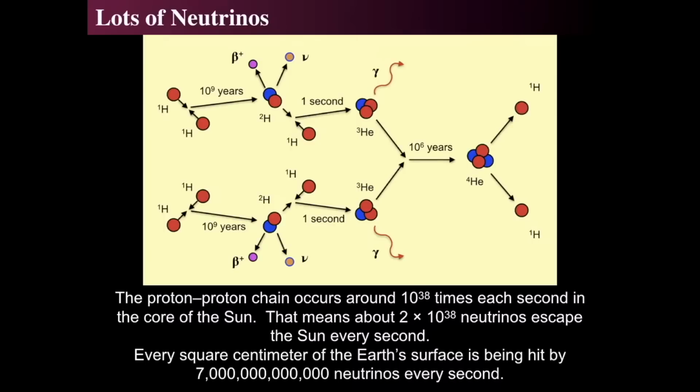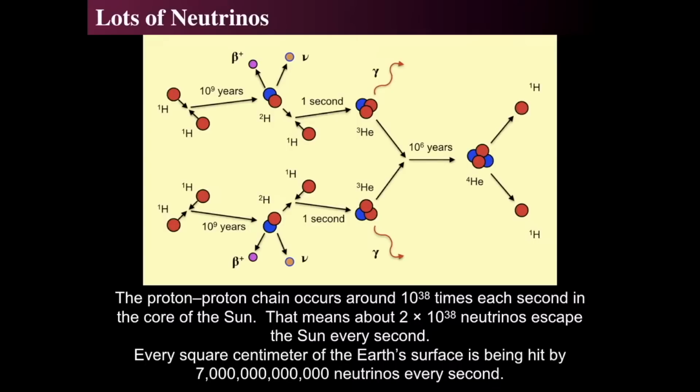If we think of those neutrinos as coming out in every direction randomly, in a spherical distribution, then they'd be smoothly distributed over the surface of a sphere.